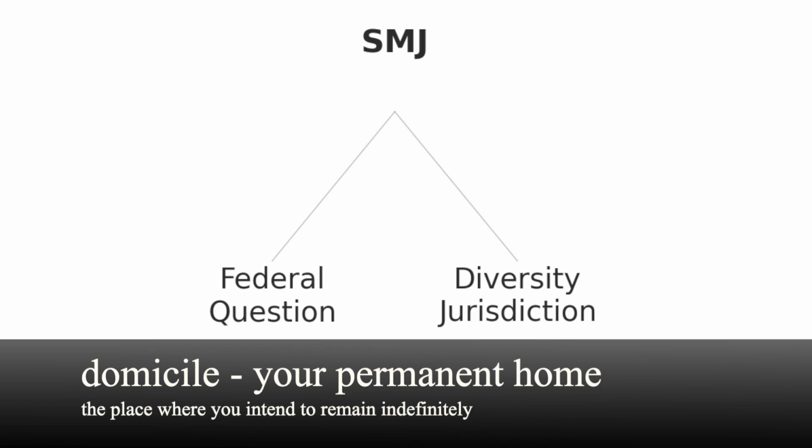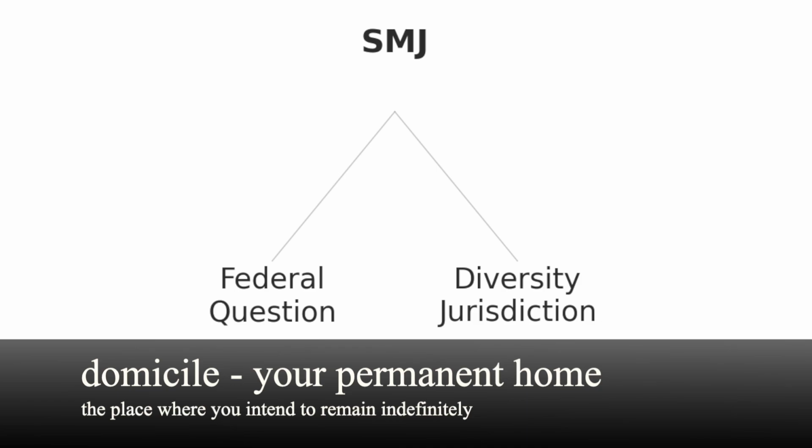Hold on a minute. Domicile. This seems tricky. What about someone who moves frequently, like a student? This is a great example. How does domicile apply to them? The textbook explains that a person keeps their old domicile until they establish a new one. And to establish a new domicile, you need two things: physical presence in the new state and the intent to make it your permanent home.